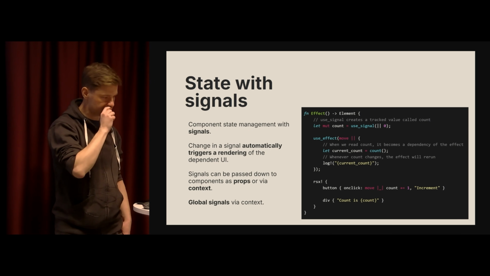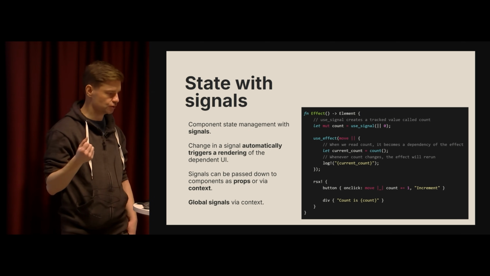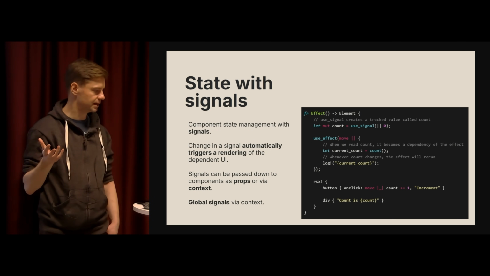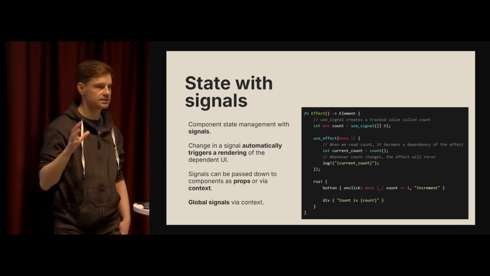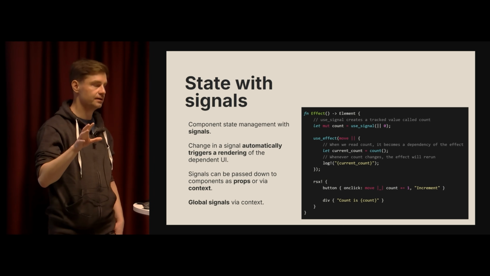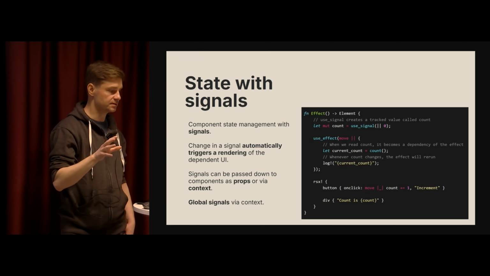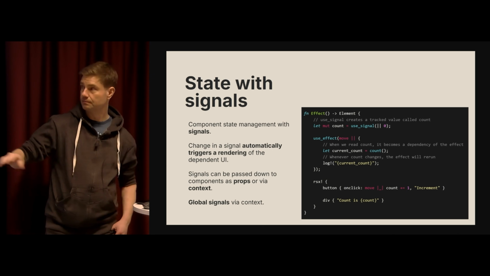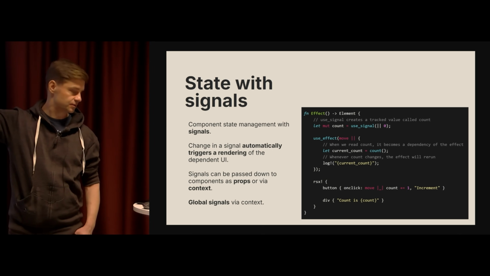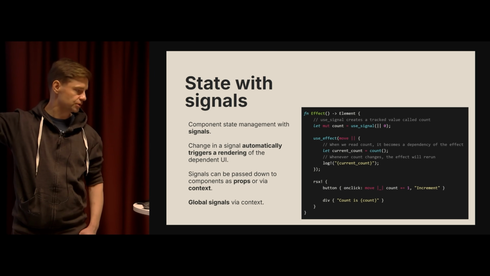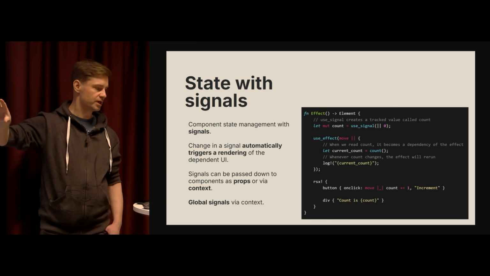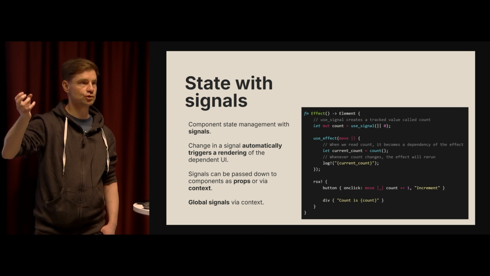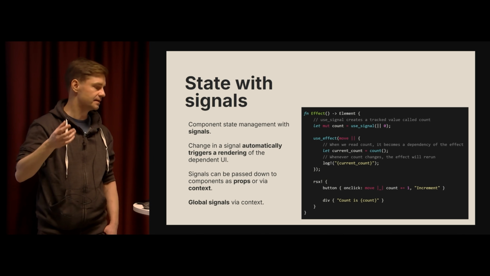And then the state management also follows the same principles, at least as in Solid.js. It's using these signals: you just define a signal, like count in this example, and then, well, you can ignore the use effect. It's not super relevant, but it just shows that when that signal changes, it automatically captures what should be executed.